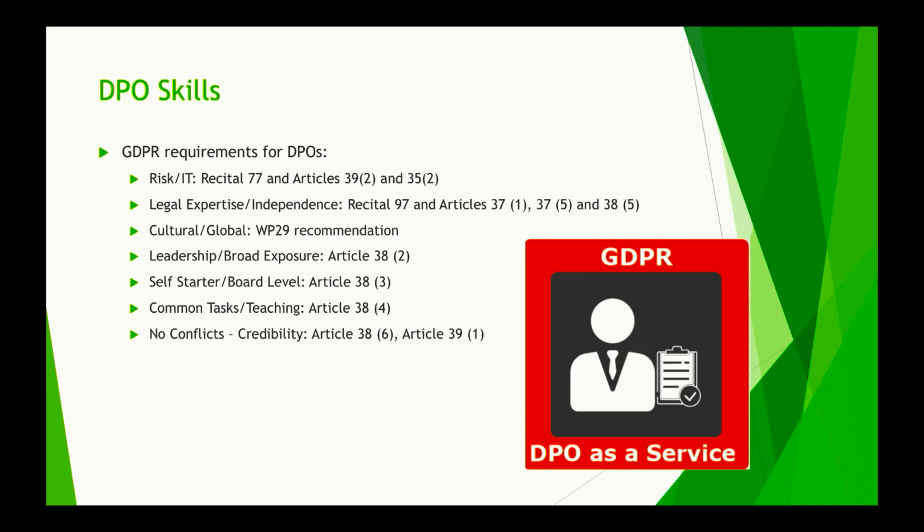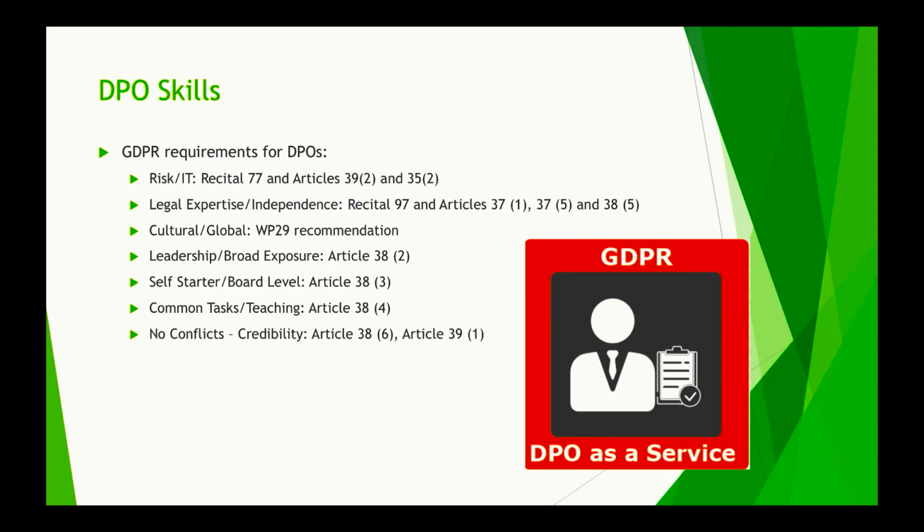Think of the simplified example of an organization with a retail presence in Europe, contract manufacturers in China, IT outsourcers in India, and headquarters in the US. DPOs should be based in the European Union as recommended by the WP29, but also globally focused.